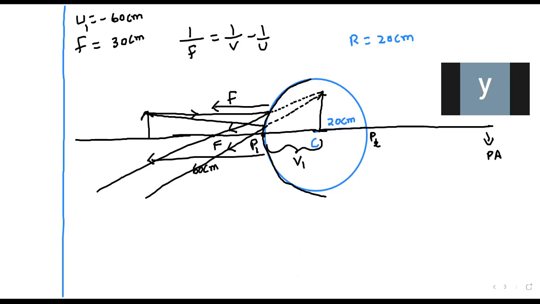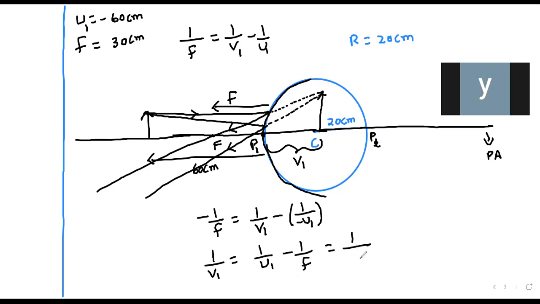So minus 1 by F is equal to 1 by V1 minus 1 by minus U1. So 1 by V1 equals 1 by U1 minus 1 by F. Can I write?